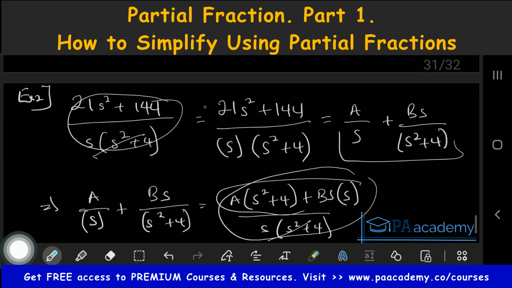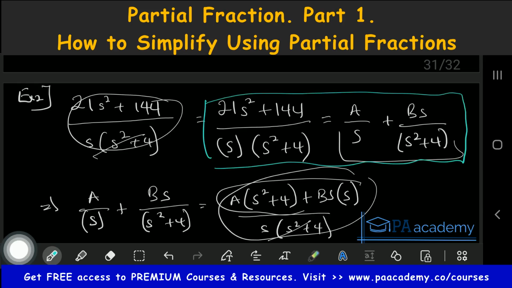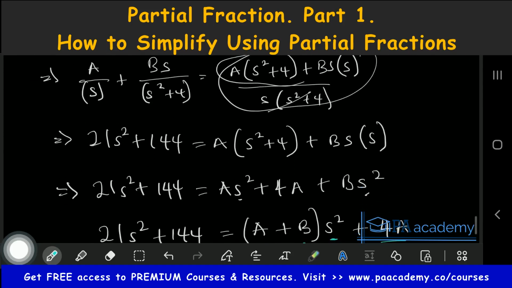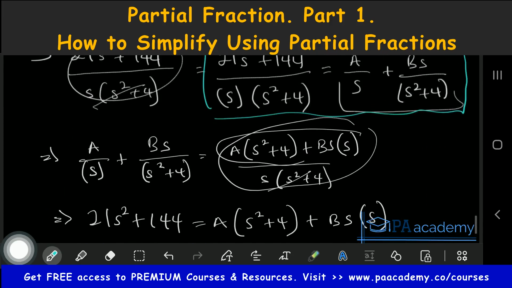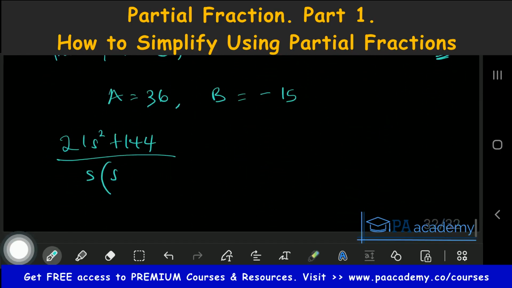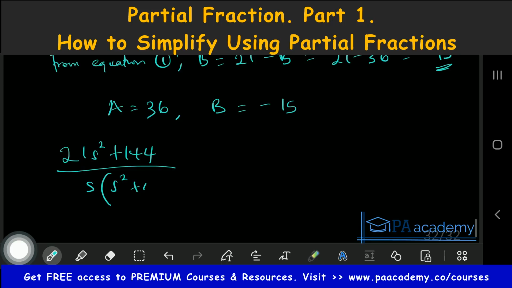All right, so this right here. Okay, so with that, we are going to be having 21s squared plus 144 over s into brackets s squared plus 4 is equals to 36 over s.